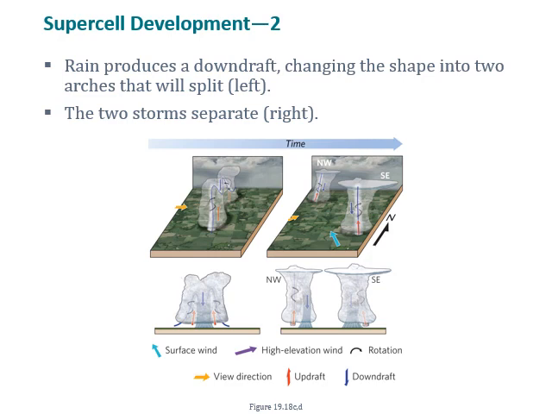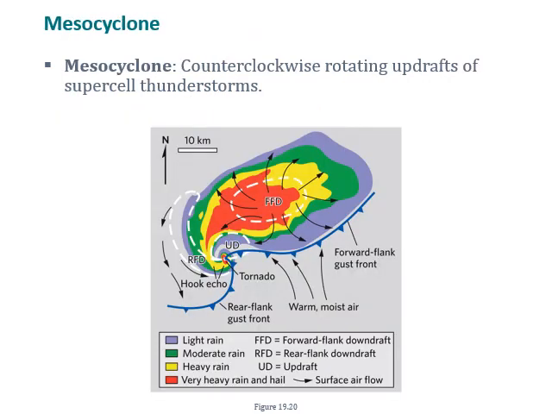You may tell from this description that in order to understand in detail these supercell thunderstorms and storm development in general, you must try to think in 3 dimensions. The word mesocyclone describes the counterclockwise rotating updrafts of supercell thunderstorms.